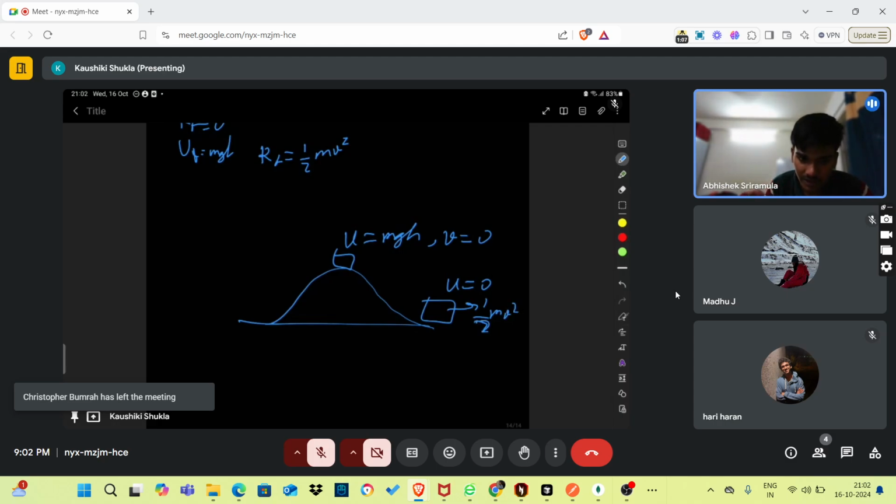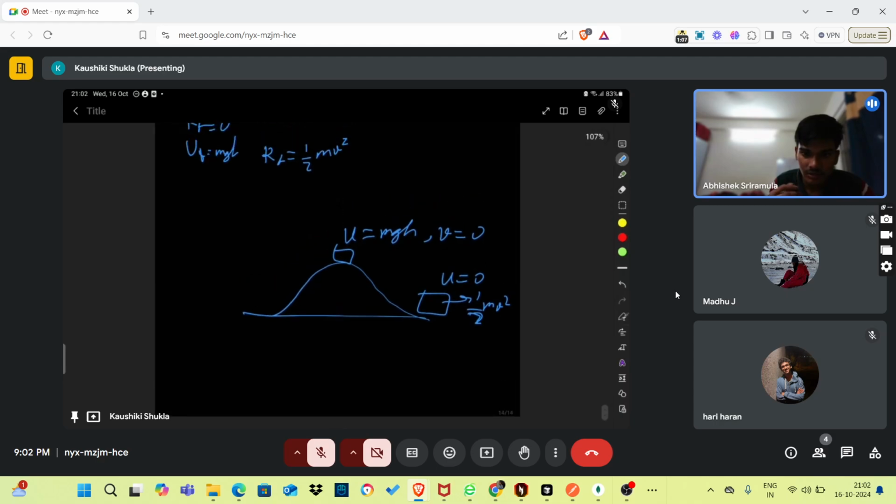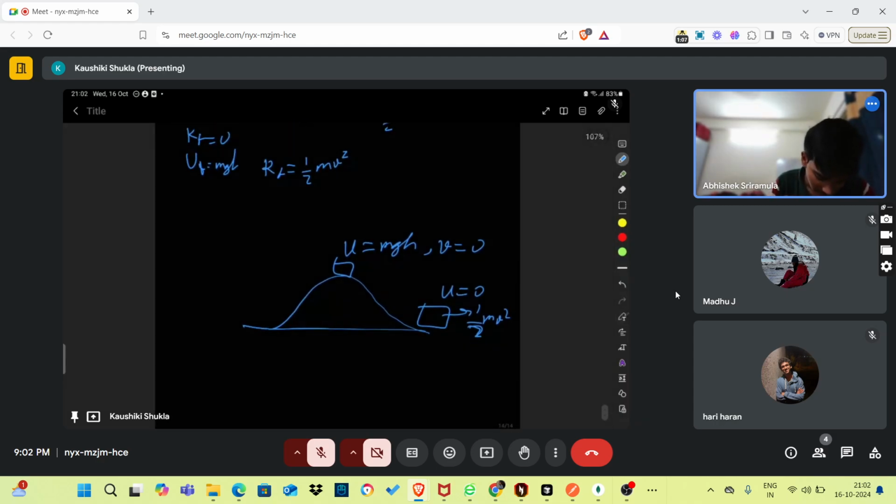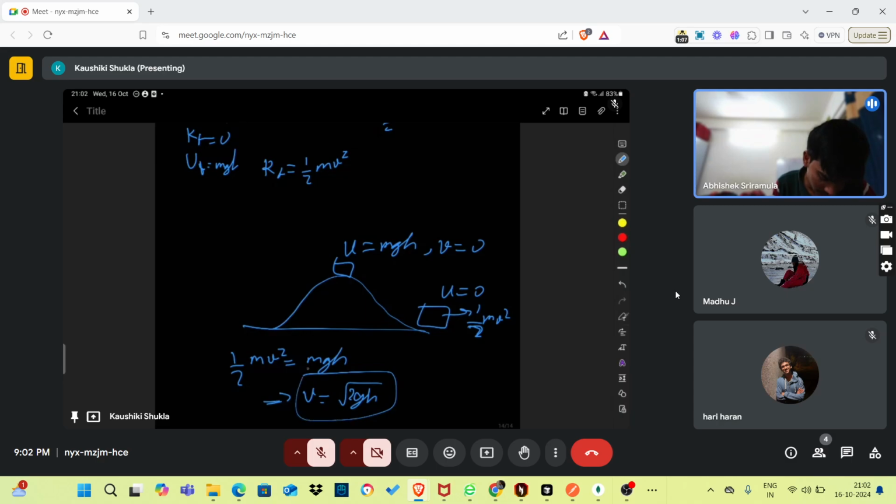In fact, we can calculate this velocity also. As there is no non-conservative force acting, we can directly write from the energy equation that potential energy is equal to kinetic energy, mgh equals half mv square, which implies the final velocity is root 2gh. This is what we also learned in kinematics, right?